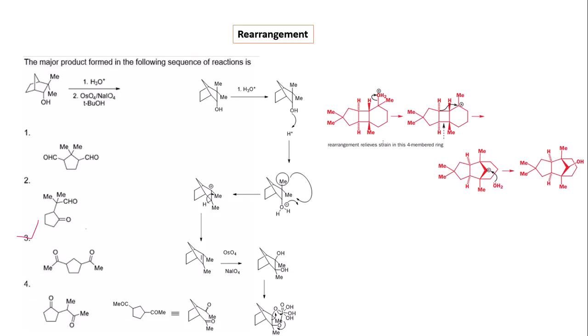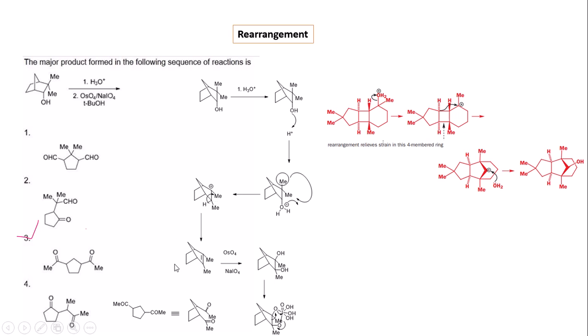This is the rearrangement problem. This is the Wagner-Meerwein type rearrangement, where the tertiary center, the 3 degree center, is attached to the hydroxy. After the protonation of this hydroxy, the methyl group that is anti to the hydroxyl group migrates, and we get a carbocation, and then the alkene is formed after elimination.